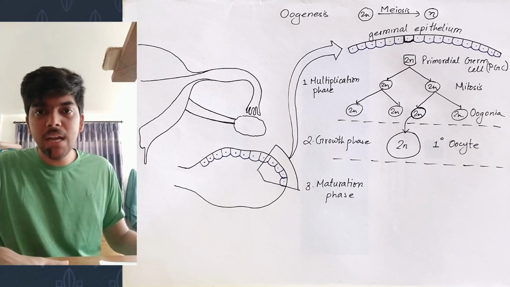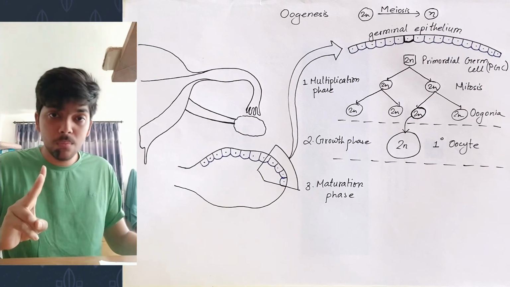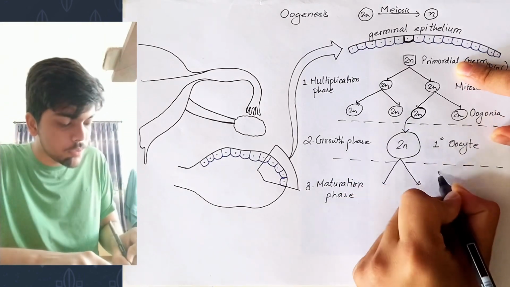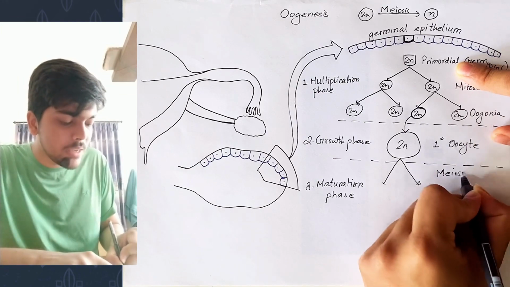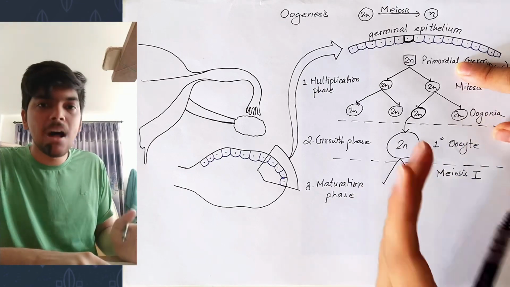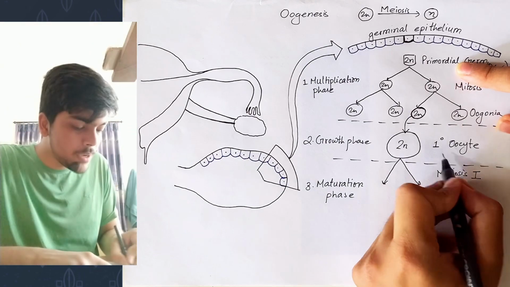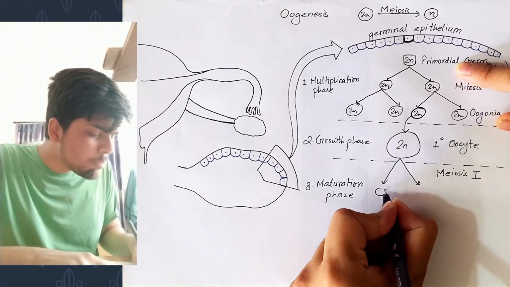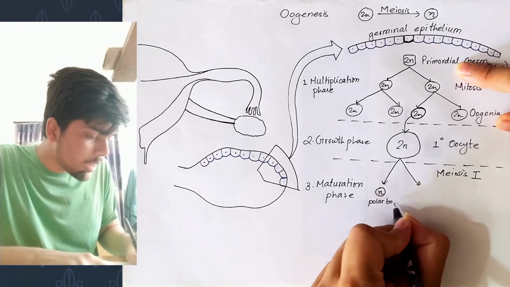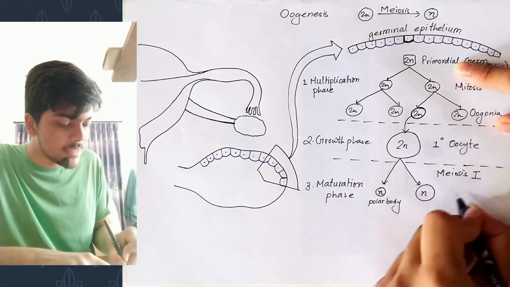And we all know that meiosis has 2 steps, meiosis 1 and meiosis 2. So primary oocyte first goes through meiosis 1. And meiosis 1 is a reductional step. That is, the number of chromosome halves or reduces, as a result of which one primary oocyte gives rise to one small haploid polar body and another comparatively larger haploid secondary oocyte.